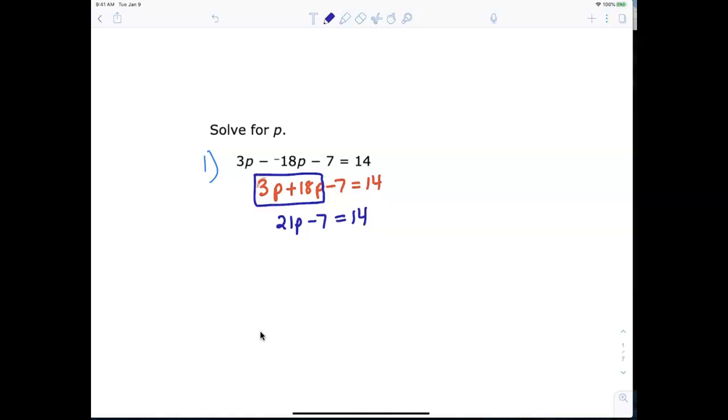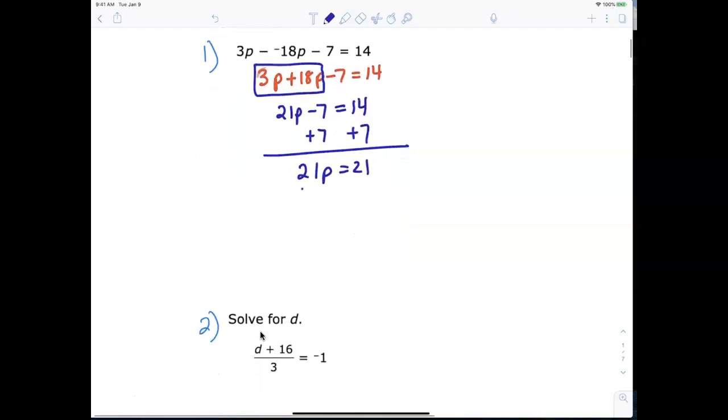Now we're back to a two-step equation, so we add 7, and then 21p equals 21. Now we divide both sides by 21, so p is equal to 1. Again, very simple process. Generally you're combining like terms, and your objective is to isolate the variable.